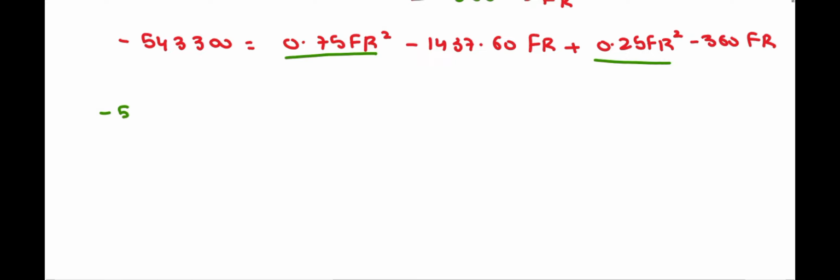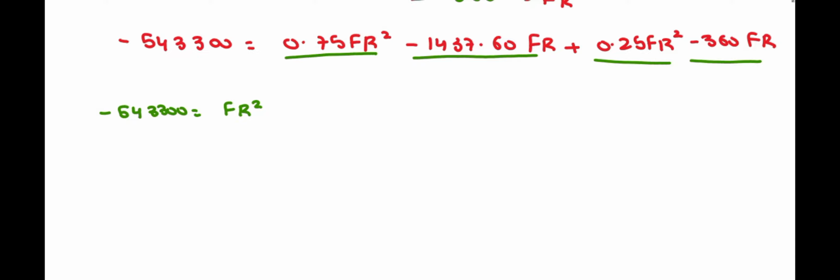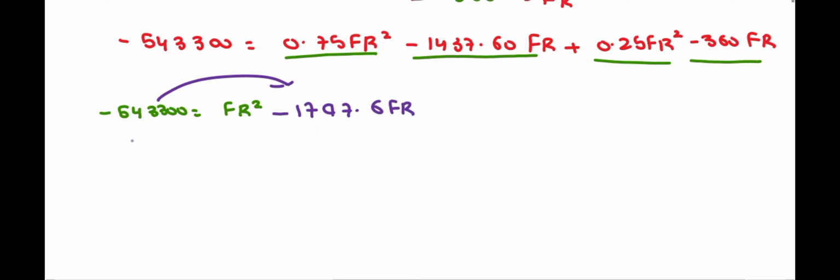So it will become negative 543300, which is equal to 1 FR square. And if you add negative 1437.60 FR with negative 360 FR, you will get negative 1797.6 FR.